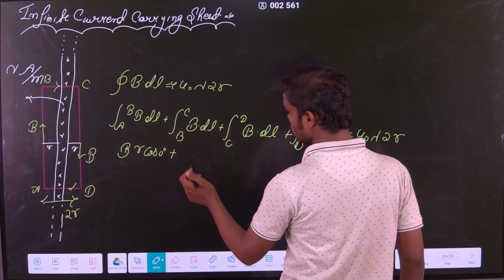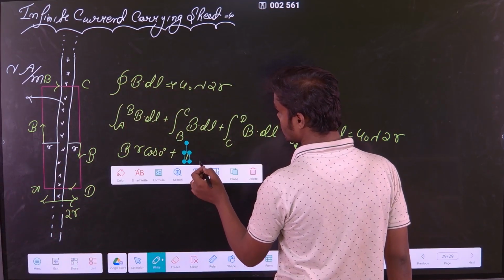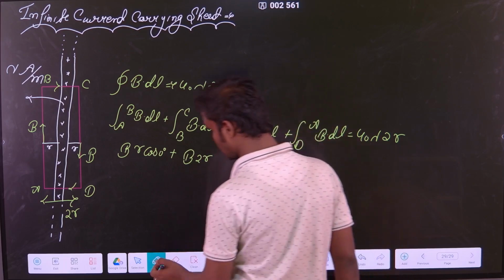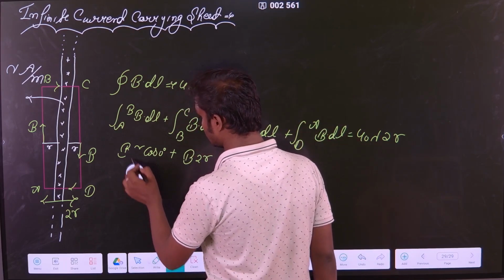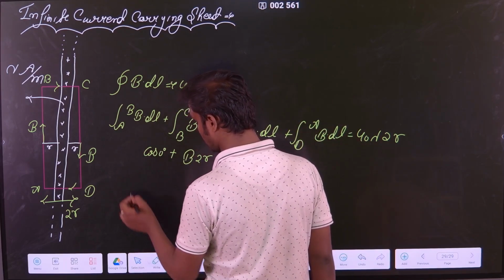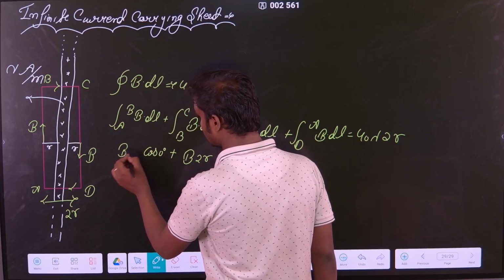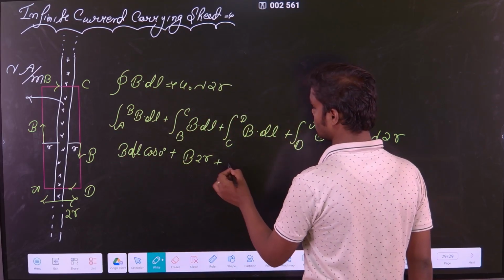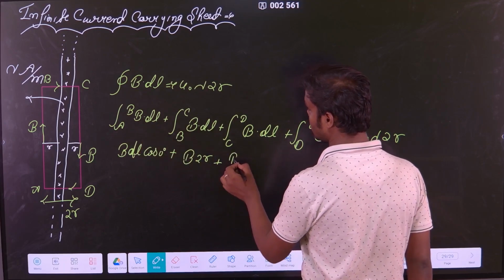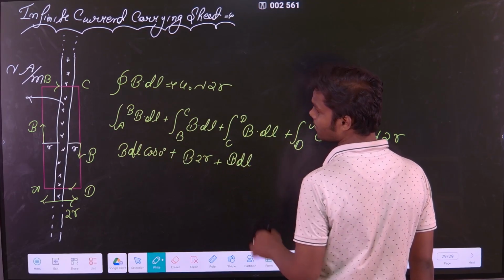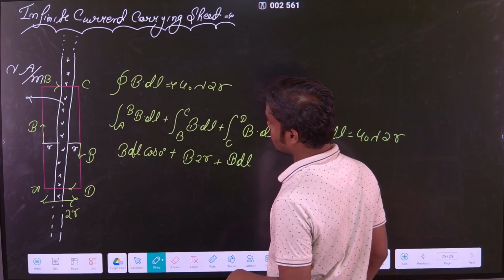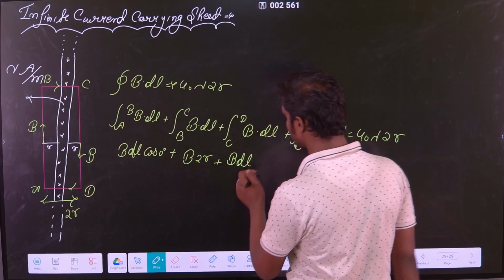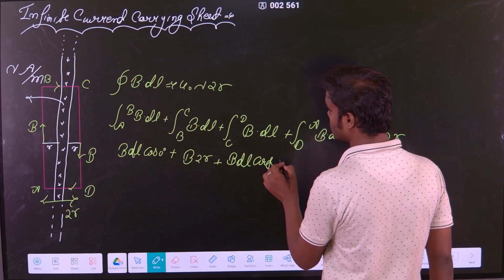For this also, B into 2r, or don't write it as r, it can be any length now, because for this side we haven't defined any length. So let us write it as B dl only. Then for this surface you will write B dl into cos 0 degree.